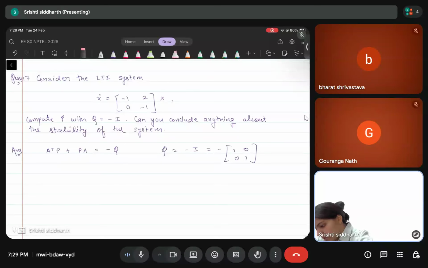We need it to be positive definite, so the eigenvalues should be positive. So Q is symmetric and Q is positive definite because lambdas are 1 and 1.